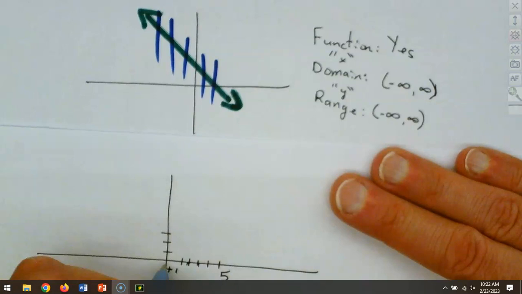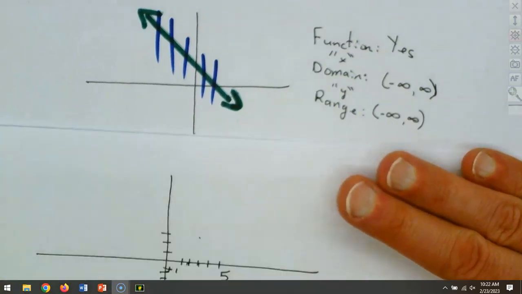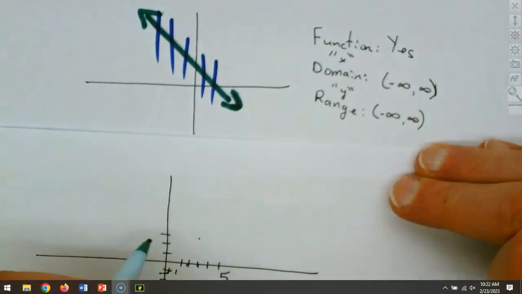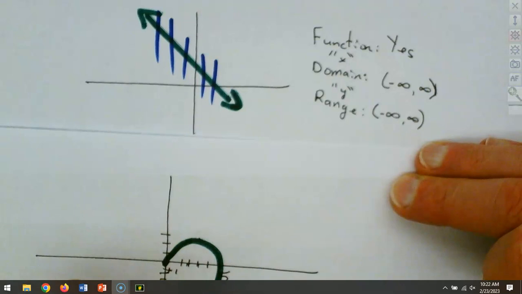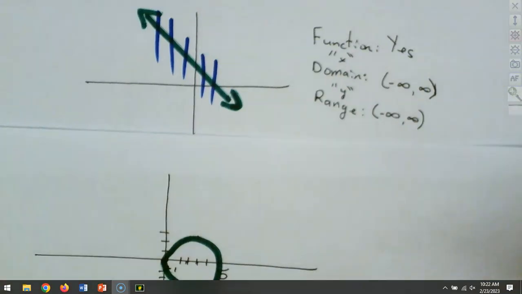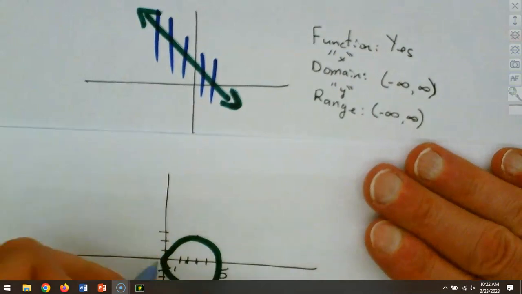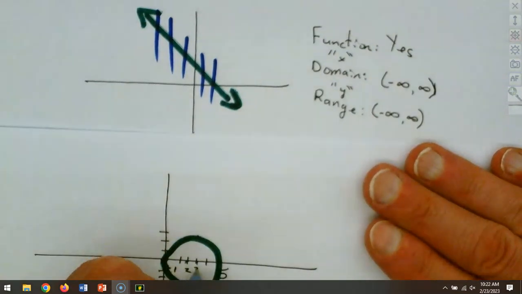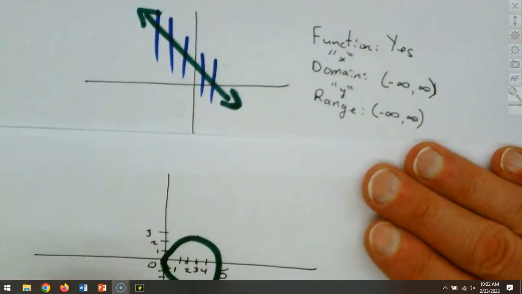Okay, and then we'll go up 3 and down 3. Okay, so I'm going to give you something that is clearly not a function, and then we're also going to find our domain and our range here. And that's going to be 5. That'll be 0, and this will be negative 3 here.